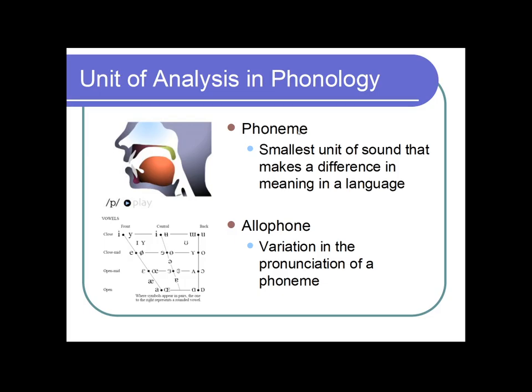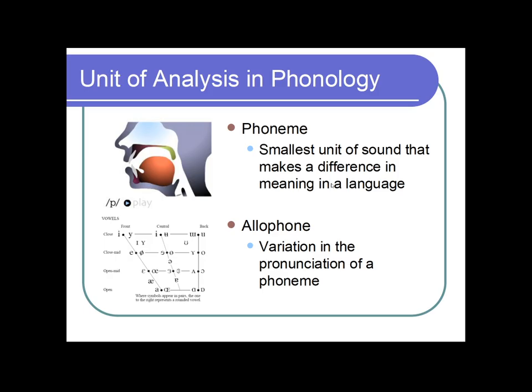All right. Remember emic and etic? Etic, E-T-I-C, came from phonetics. It refers to the objective study of something, in that case the objective study of sound. When we just say etic, we're talking about the objective study of culture. Emic comes from phoneme. Phoneme, the smallest unit of sound that makes a difference in meaning in a language, is subjective.